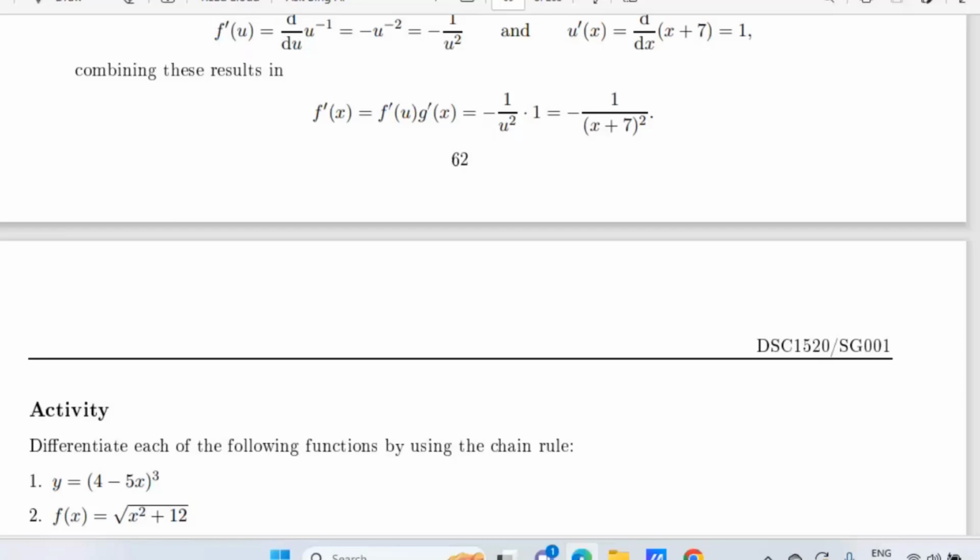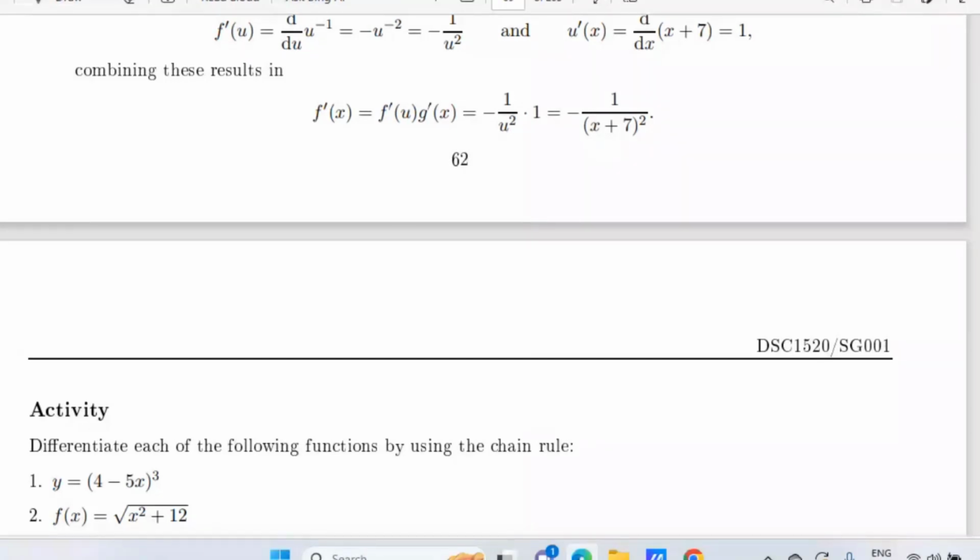All right. So, I think the first step is to take what's underneath the square root. The problem is f of x is equal to the square root of x squared plus 12, right? So we're going to take x squared plus 12 and let that be equal to u.